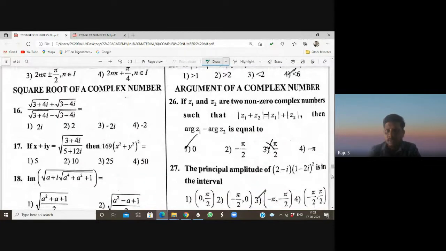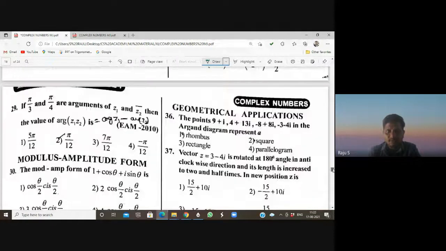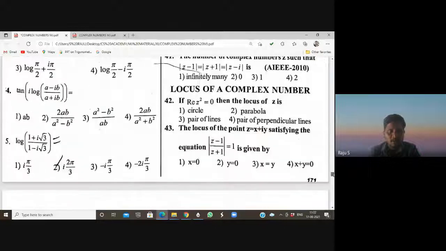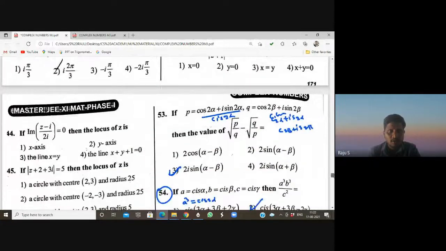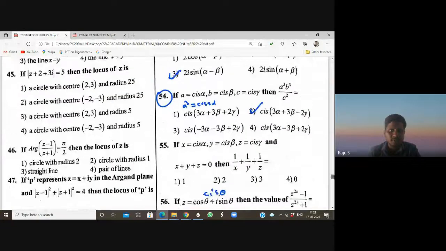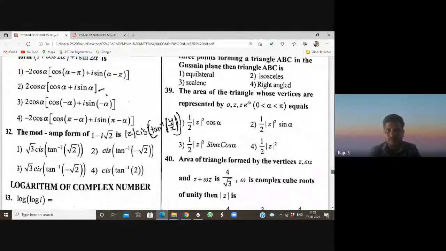Remaining problems are from 26 to 51, so 25 problems. By tomorrow or day after tomorrow, we'll finish this complex number chapter, go for theory of equations, and then we can revise.